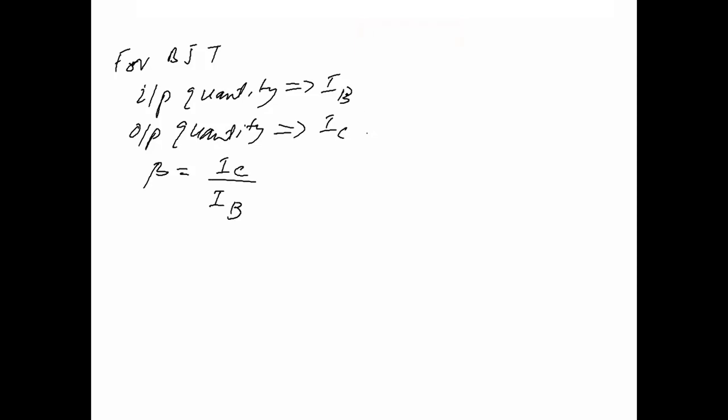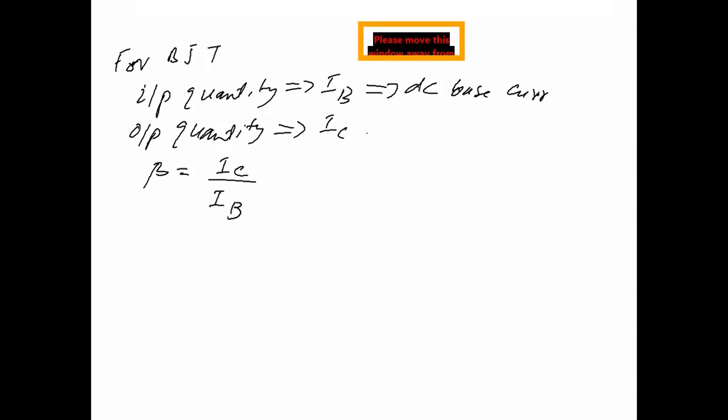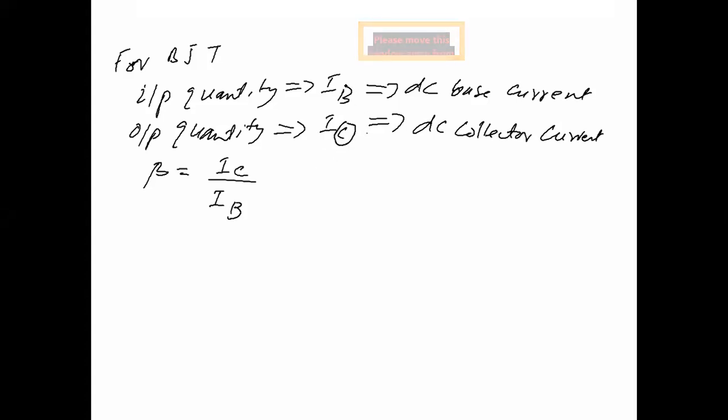Here I'm using capital B and C, so this is the DC base current. Remember, please, for AC we use small case subscripts. And this is the DC collector current. This subscript C is a capital letter and this B is a capital letter. So for DC, we use capital letter subscripts. So this is for BJT.